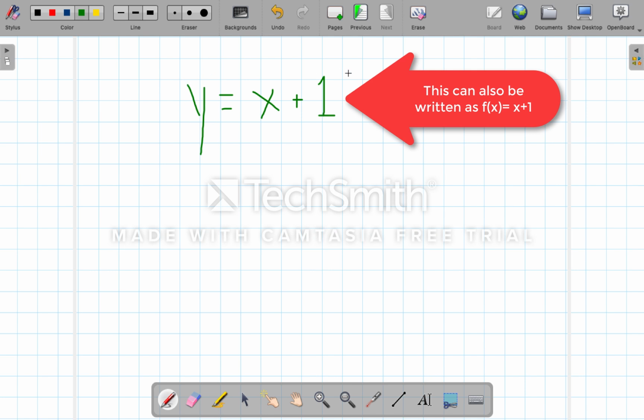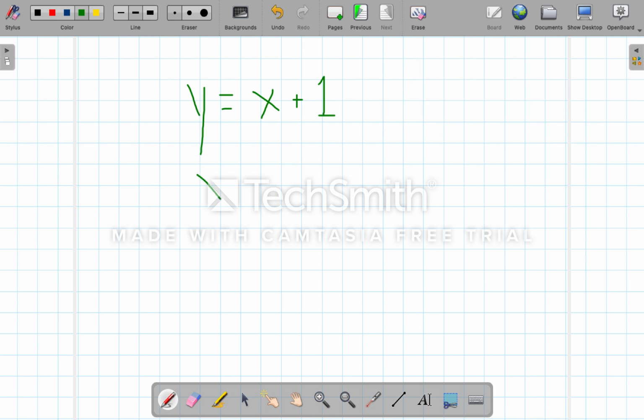So what we're going to do is we're going to switch the x's and the y's, just like we did in the table. And instead of y equals x plus 1, we're going to have x equals y plus 1. I just took the x and I took the y and I flipped their locations, which is essentially what we're doing both in the table and in the graph, flipping the location of x and y.